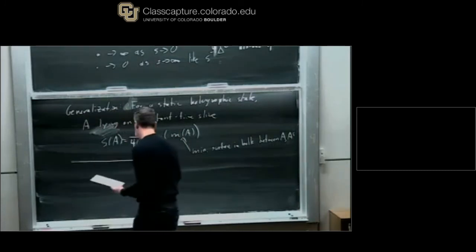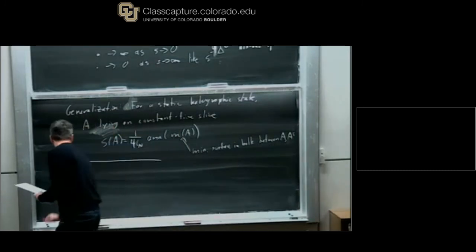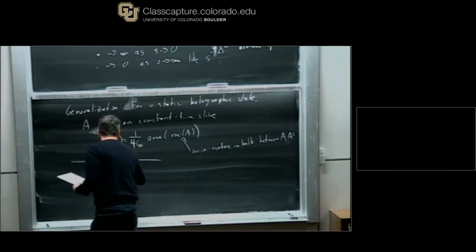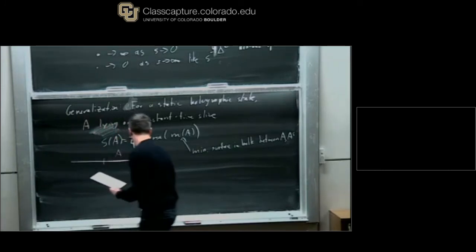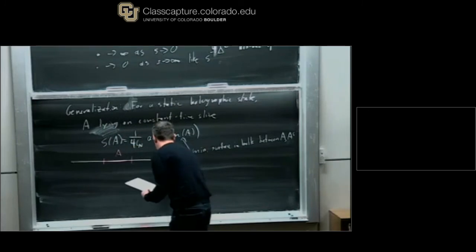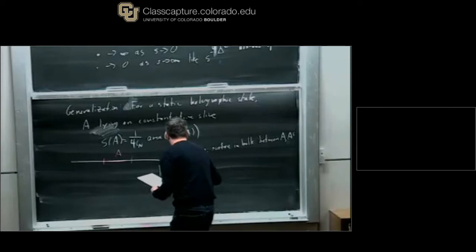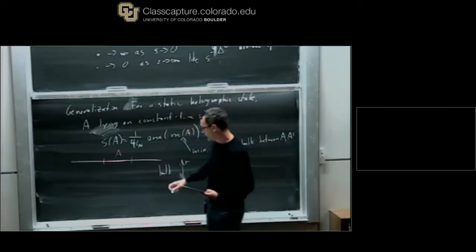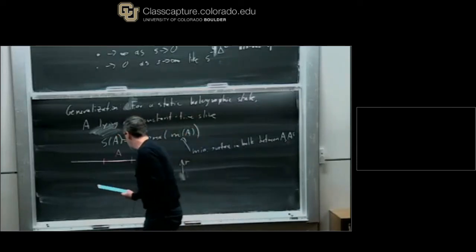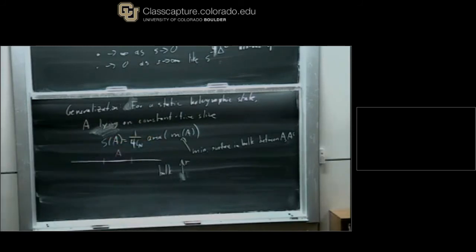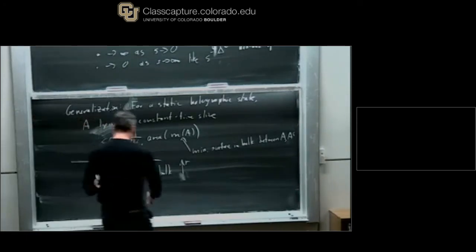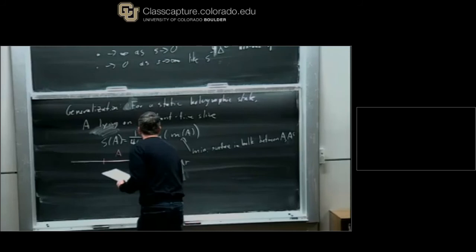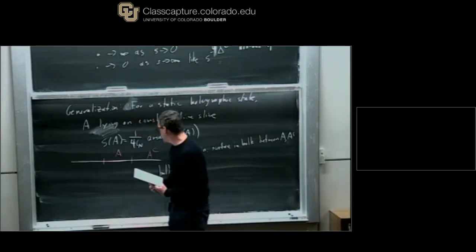So I'm on a constant time slice, and I have some A, and I have some bulk. So this is what Oliver was calling R. Goes to infinity here. And now I look for the minimal surface in the bulk. So here's A complement. And what does it mean between A and A complement?